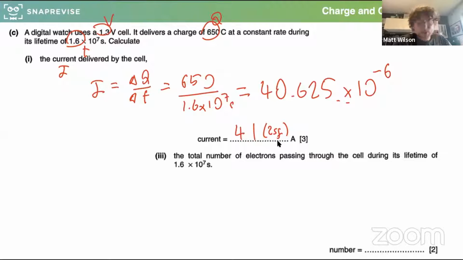So you want to know the number of electrons, in other words, the number of e's. I want to know how many of those passed through. They've told us the time, they've told us the voltage, they've told us the total charge that goes through.